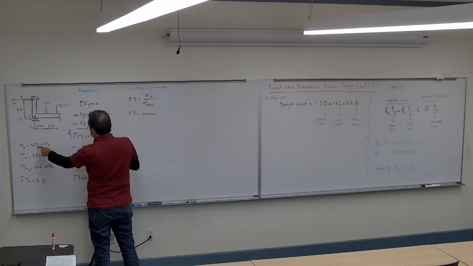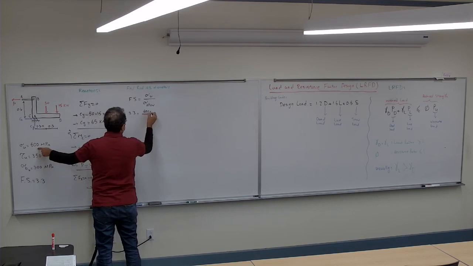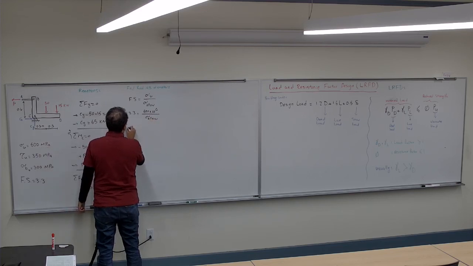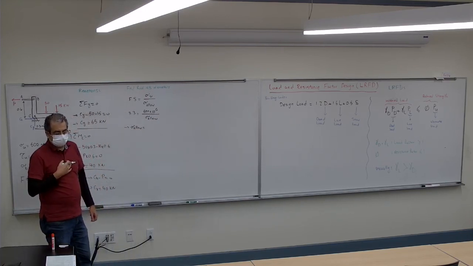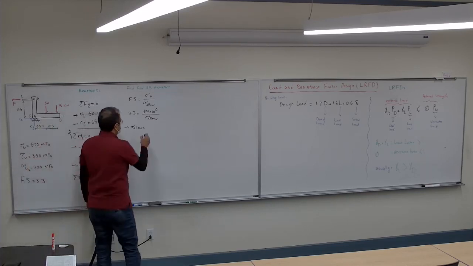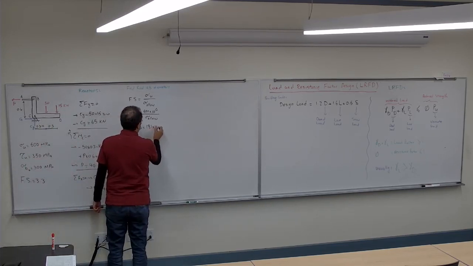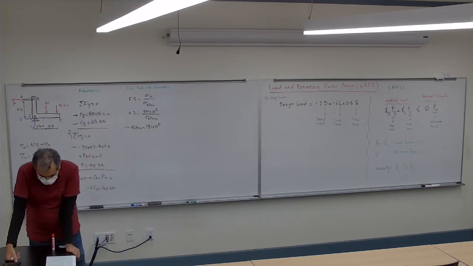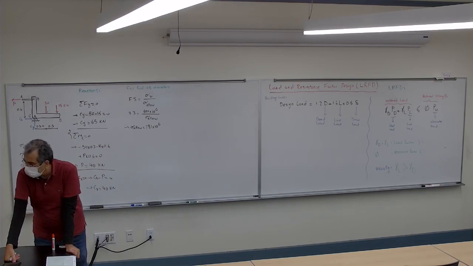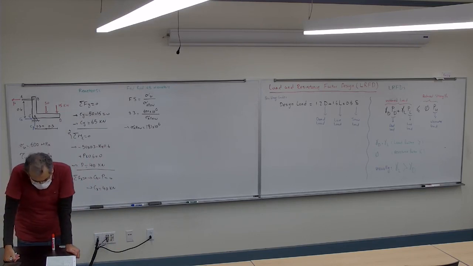600 times 10 to the 6 divided by sigma allowable. So sigma allowable is how much? I got 181.8, to the 6th. Can you double check?